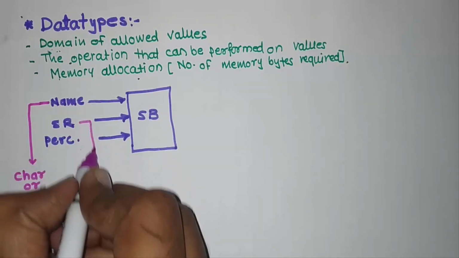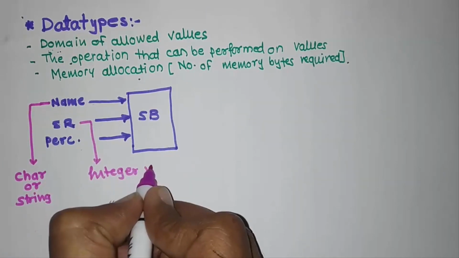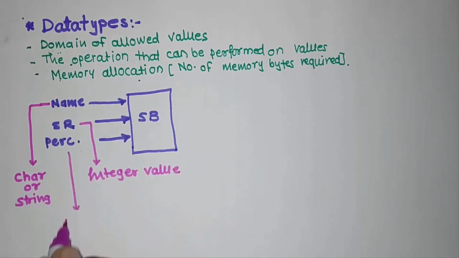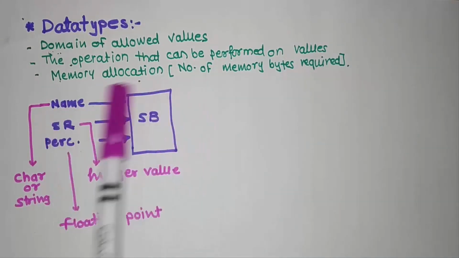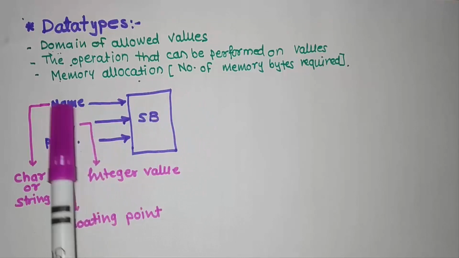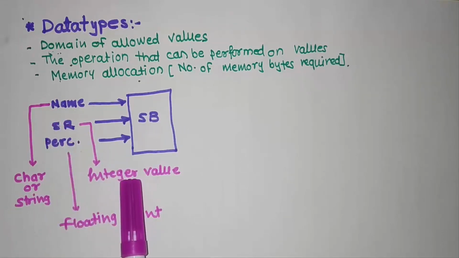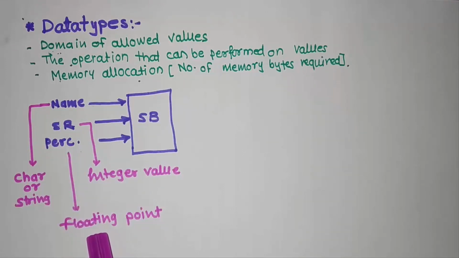The serial number is an integer value, whereas the percentage is a simple floating point value. So simply, this program deals with three different entities: name associated with the character or string domain, serial number associated with an integer value, and percentage, which is going to deal with a floating point value.